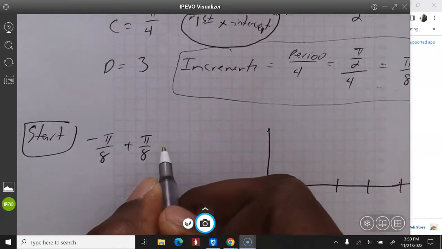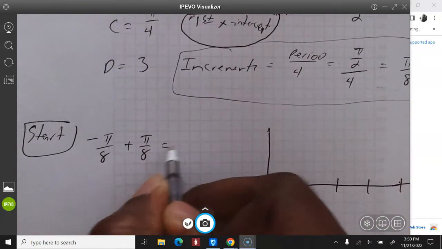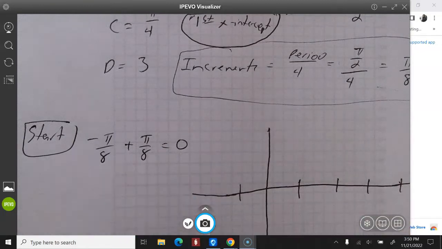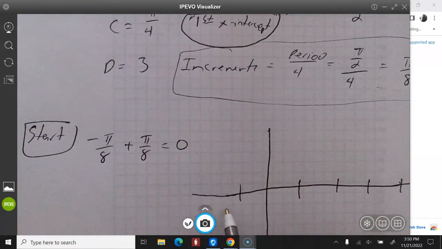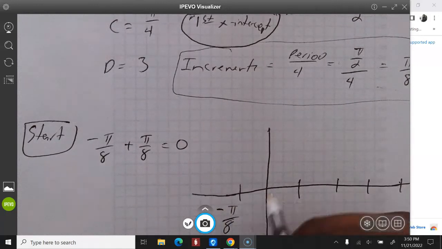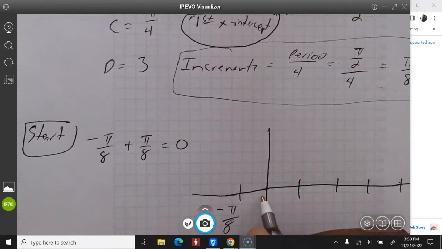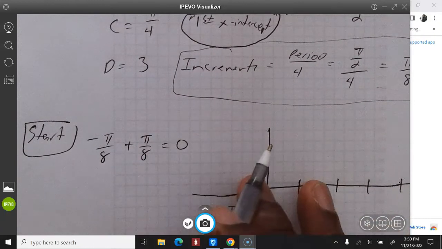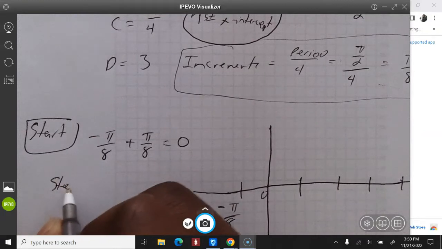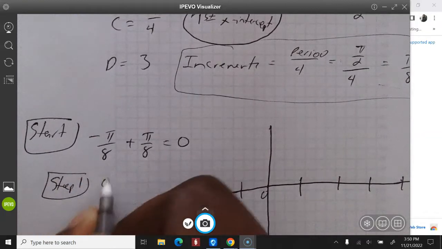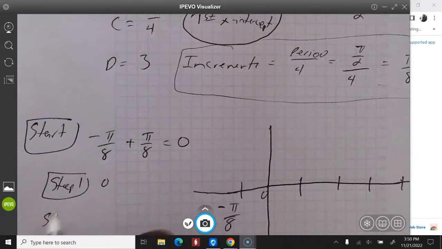All right, so that's going to be 0. So step 1 is 0. That's my first step. So I started at negative pi over 8, I'm going to call that negative pi over 8 right here because it's on the negative side. One step over should be at 0. Here's 0. So this is step 1. So step 1 is 0. And then step 2.